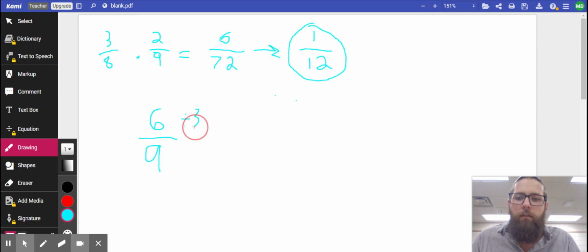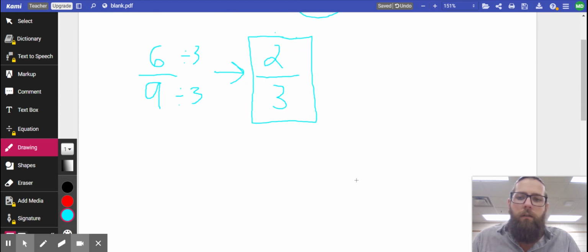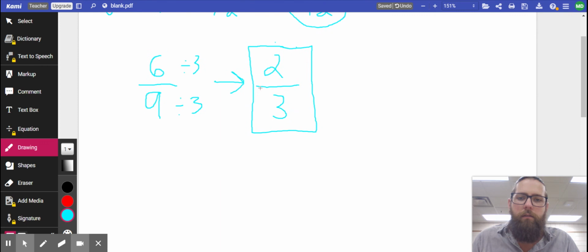So mentally, I'll just divide the 6 by 3 and the 9 by 3. So 6 divided by 3 gives me 2. 9 divided by 3 gives me 3. Nice. That method would have worked for the first one too. You would just divide both of those by 6. They're both divisible by 6.